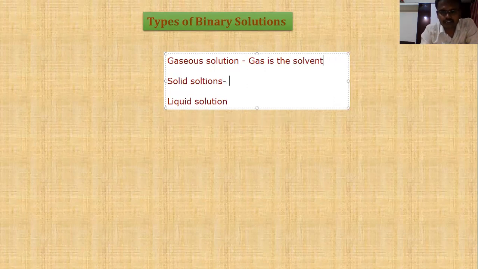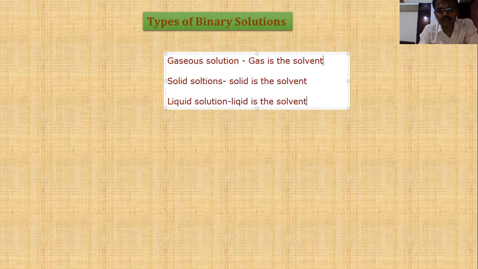For solid solutions, solid is the solvent. And for liquid solutions, liquid is the solvent. So based on which is the solvent, whether gas, liquid, or solid, we have three different types of binary solutions: gaseous solution, solid solution, and liquid solution.